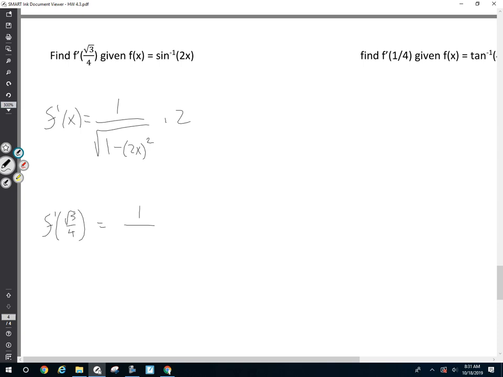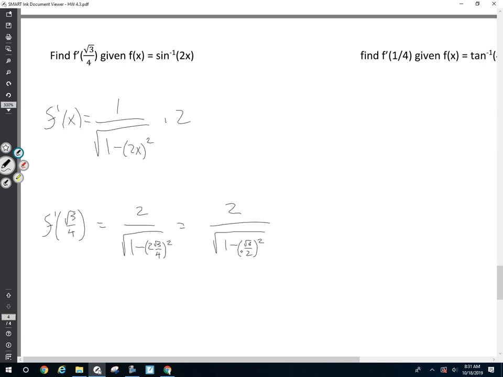And I get 1 over root 1 minus 2 root 3 over 4 squared times 2. Might as well put the 2 there. This turns into 2 over root 1 minus root 3 over 2 squared.